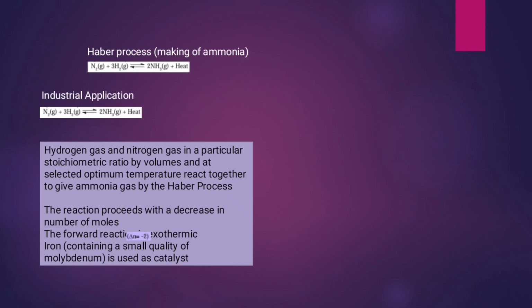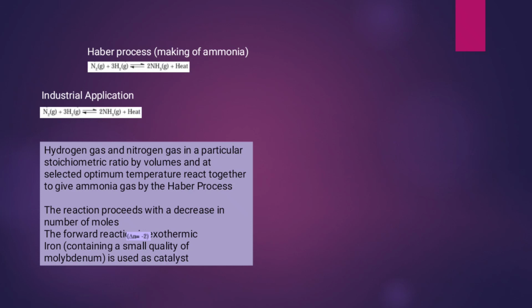Now suppose in the industrial preparation we use the same example, the preparation of ammonia by the Haber's process, that is N2 gas reacting with thrice H2 gas, reversibly giving you twice NH3 in the gaseous state plus heat. Here hydrogen gas and nitrogen gas in a particular stoichiometric ratio by volume and at a selected optimum temperature react together to give ammonia gas.